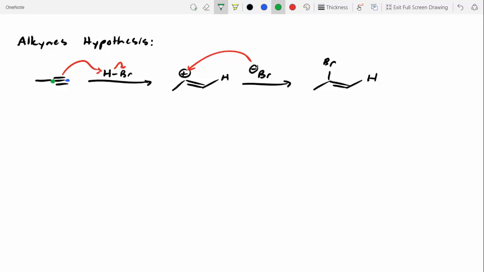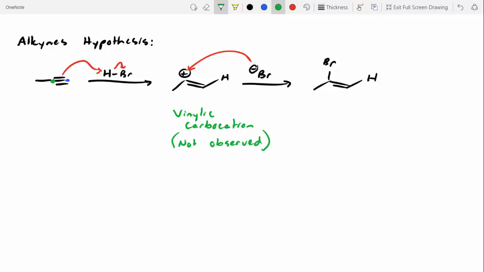However, there's a problem. This is called a vinylic carbocation. And experimental evidence says that this is not observed. Because chemistry is never easy.